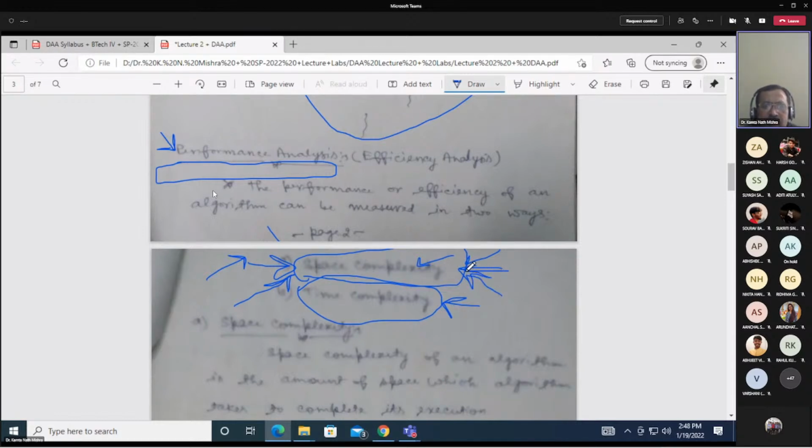And remember, being software engineer, your objective is to use minimum space on the hard disk, and your algorithm should take minimum space in the memory. That is the space complexity.